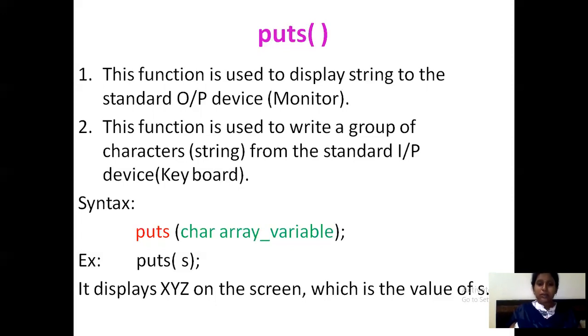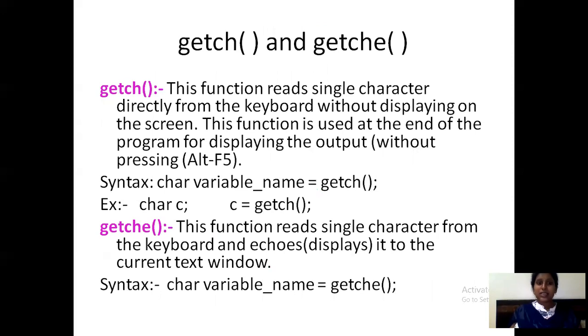Puts function, because you are placing a group of characters. Okay, so it displays XYZ on the screen, which is the value of s, because in s you have stored XYZ, which is nothing but a group of characters. So if you want to go for these strings, you should use puts and gets functions.